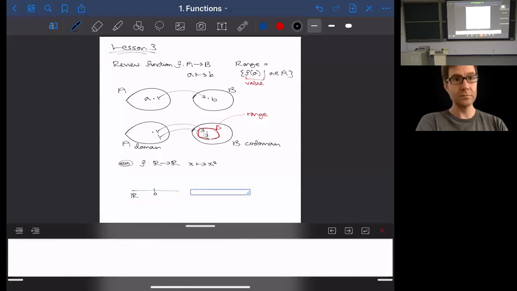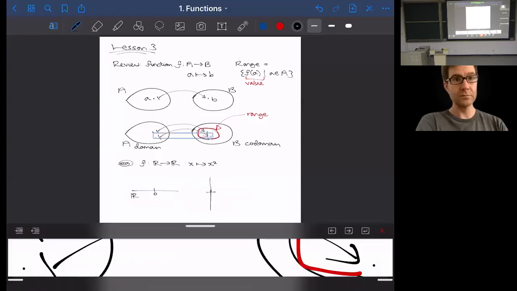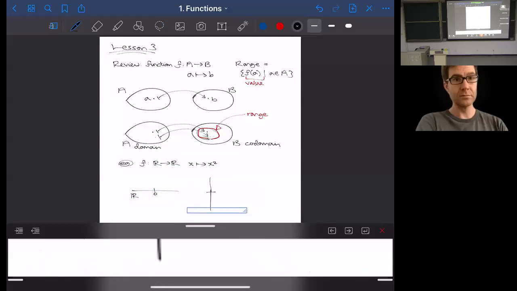And B is also the real line. But I'm going to write it as a vertical real line because I'm thinking of the graph.